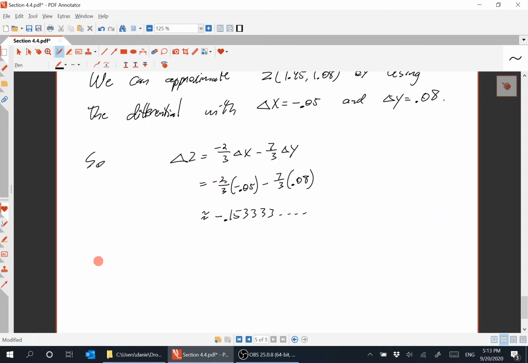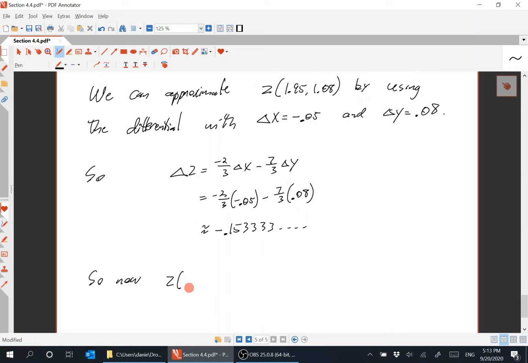So z at that point, (1.95, 1.08), is approximately equal to, not exactly equal to, 3 plus delta z, the delta z given by the differential. The tangent plane approximates the function for tiny changes of x and y.